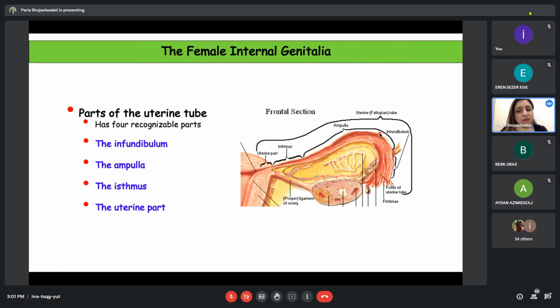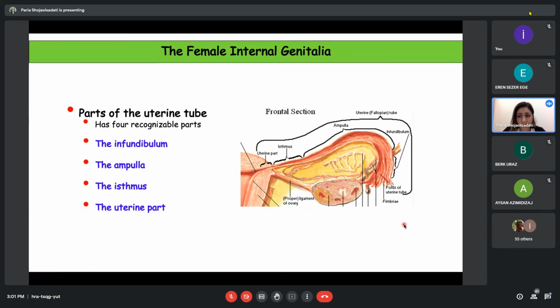You can see the same structure in this tube. This part of the tube is named the ampulla. And the last part is named the infundibulum. On the infundibulum, we have finger-like structures. Each of them is named a fimbria.